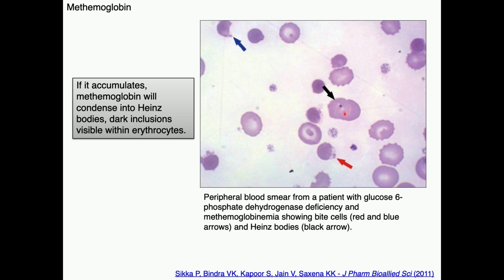So they're present here and here, and a few of them are not abnormal, but a lot of them are abnormal on a smear. So this is a patient with glucose 6-phosphate dehydrogenase deficiency, and you can see Heinz bodies, and then also bite cells here, and it looks like one here, that are resulting from loss of membrane integrity due to the lipid oxidation.